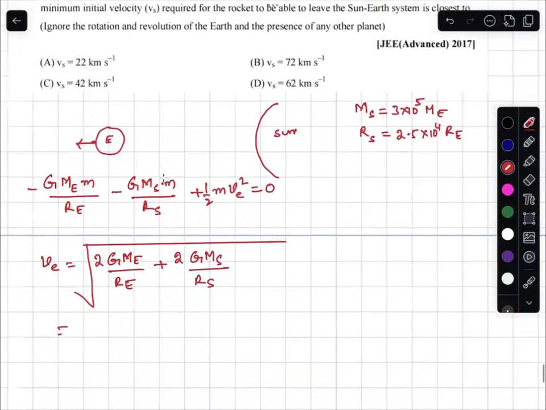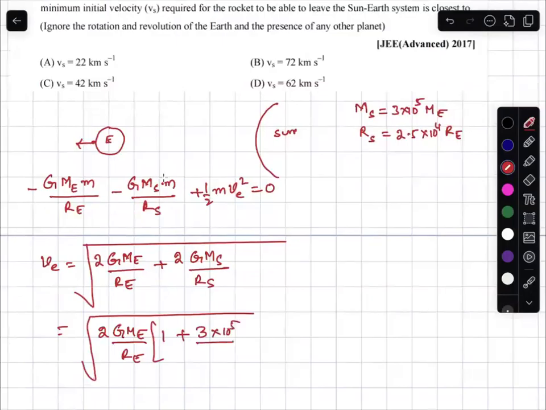I can rewrite this as 2 times GME by RE into 1 plus mass of sun, 3 into 10 power 5, by 2.5 into 10 power 4.